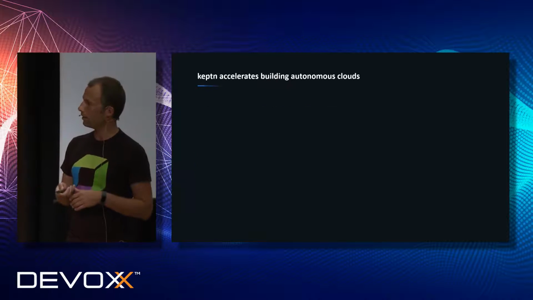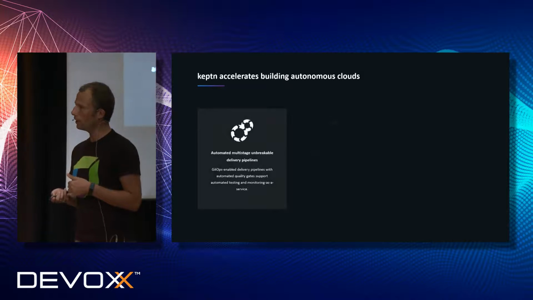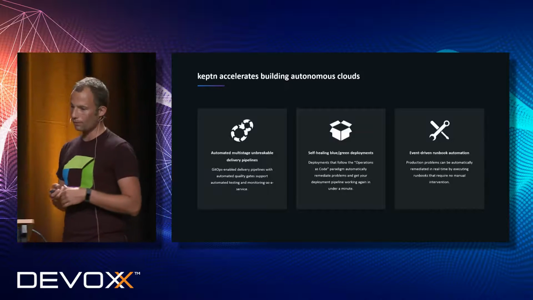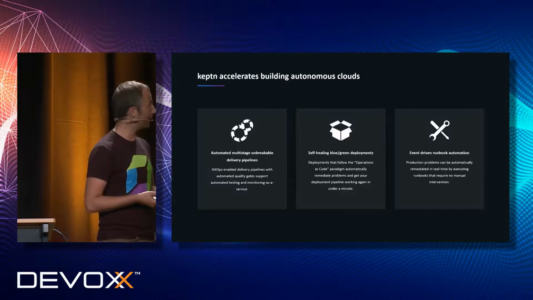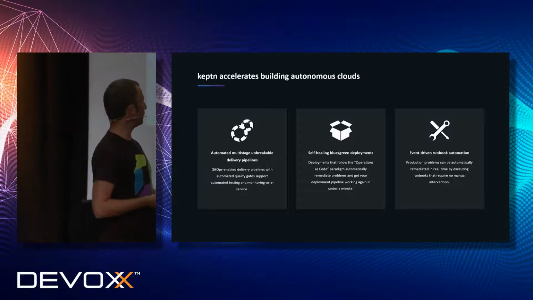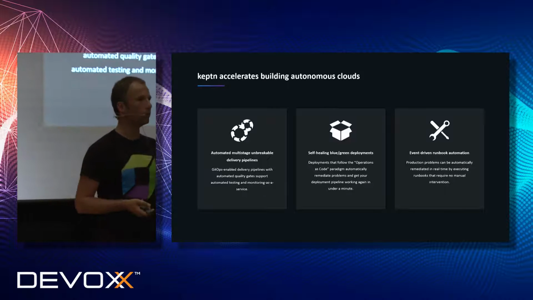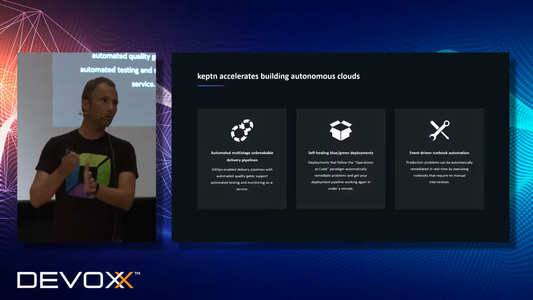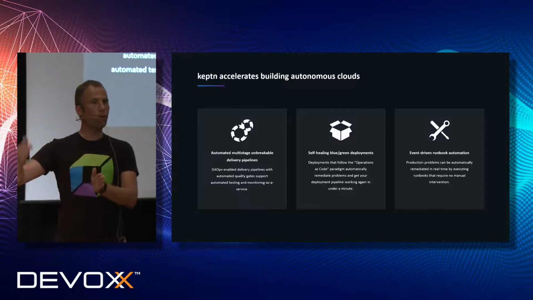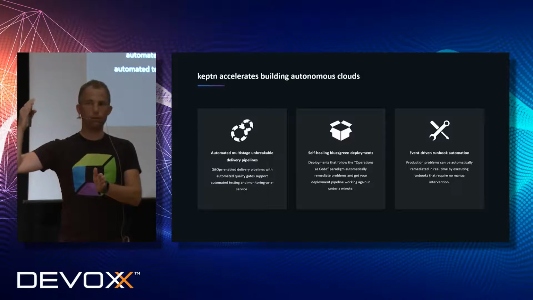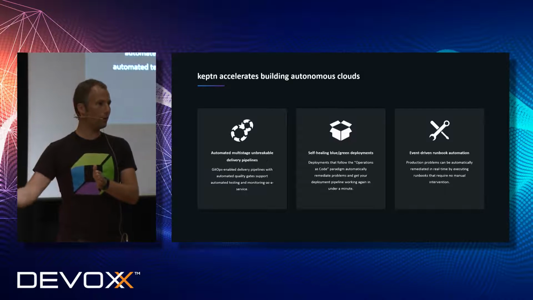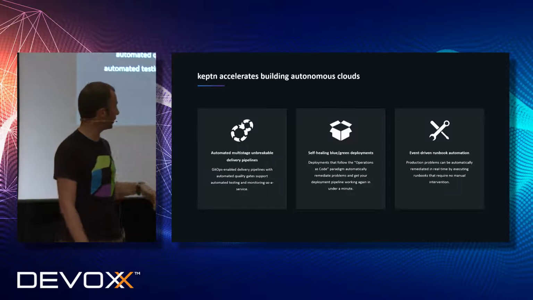And this is why keptn has really been built with a couple of, let's say, core principles in mind. The first one on the left is automated multi-stage unbreakable pipelines. That's what we call it. That means these are continuous delivery pipelines that will stop before you deploy into production in case there's anything wrong, avoiding any issues through the automated quality gates.